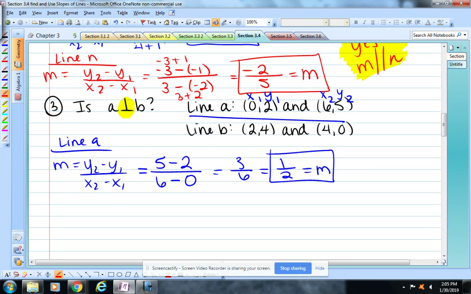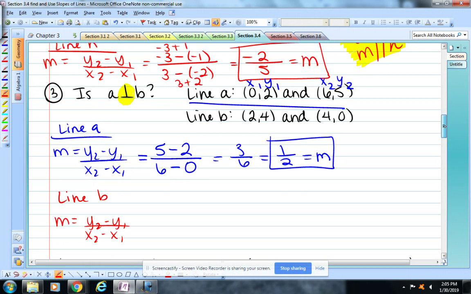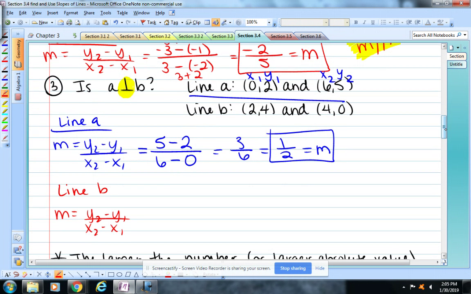All right, so I'm going to do the same thing for line B. M equals Y2 minus Y1 over X2 minus X1. This is X and Y. This is X and Y. These are 1s. These are 2s.